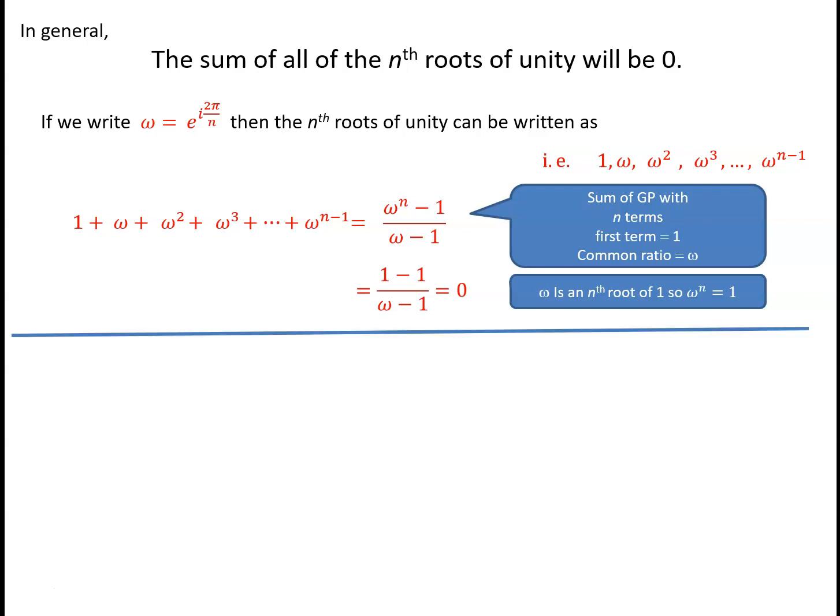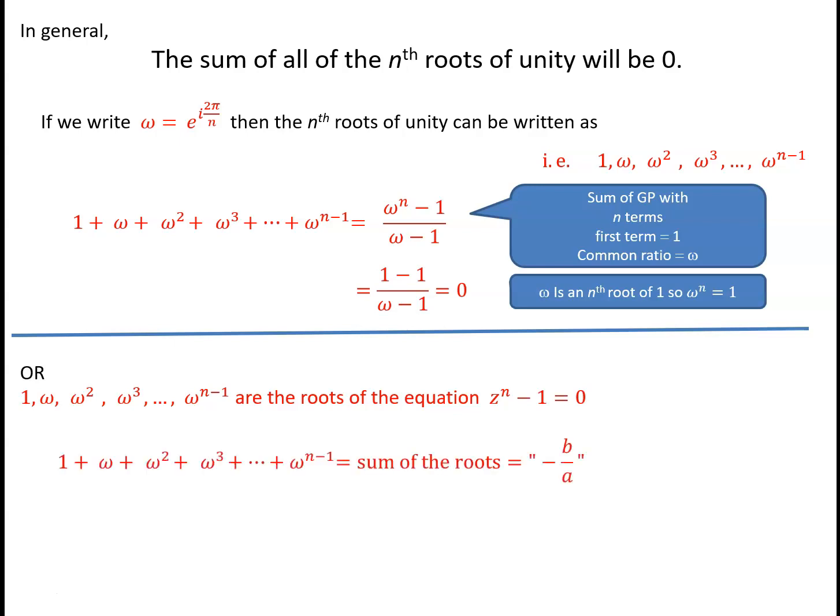An alternative way of proving the same result is to say that 1, omega, all the way up to omega to the n minus 1 are the roots of the equation z to the n minus 1 equals 0, and that the sum of the roots is always equal to minus b over a, where b is the coefficient of z to the n minus 1 and a is the coefficient of z to the n.